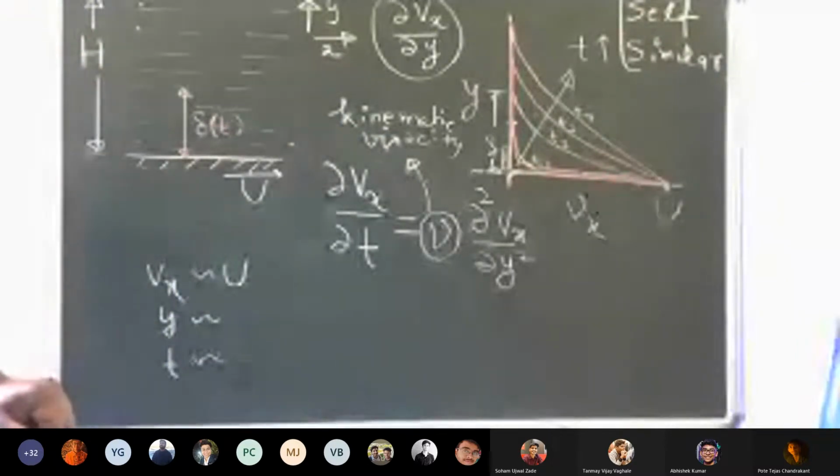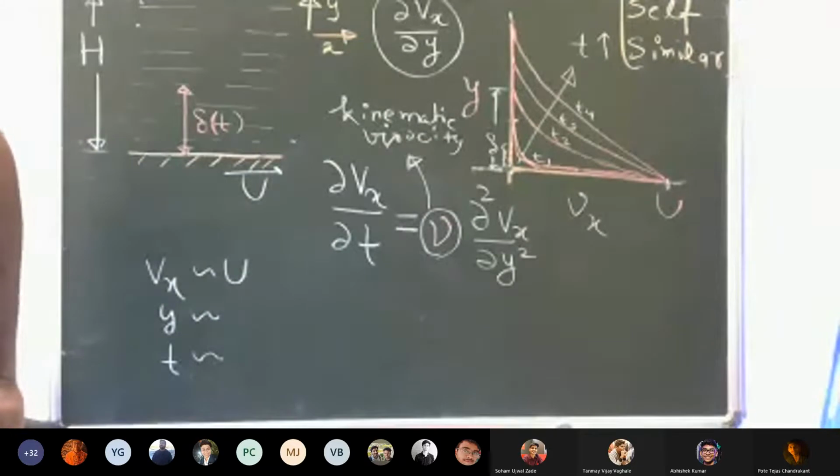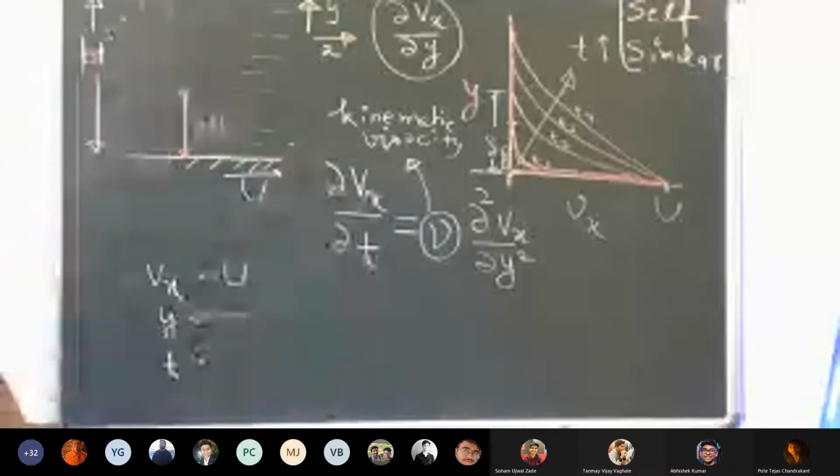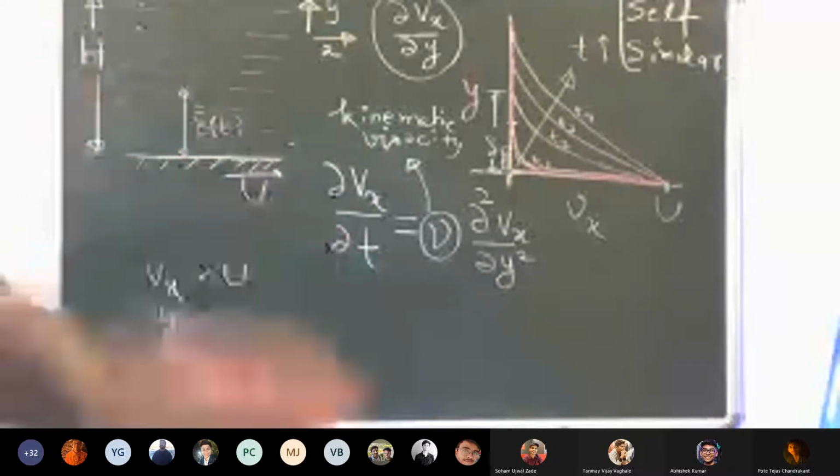One suggestion, Anik said it should be h. And then someone suggested no, it should not be h, it should be delta. So which one is right, which one is wrong? Both are correct in two different time regimes.